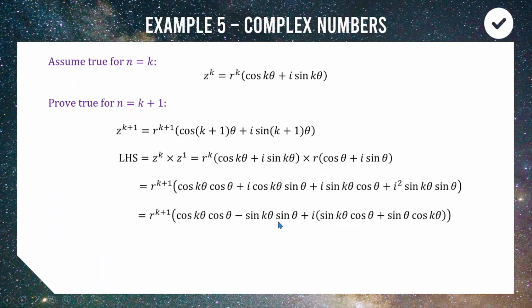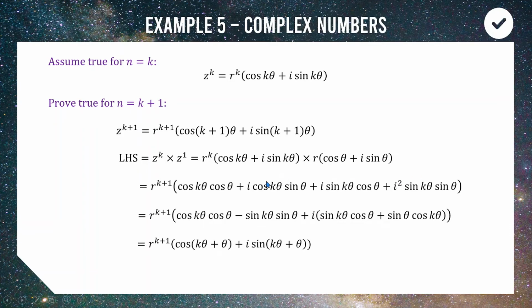So if you look at your formula sheet and look at cos A plus B, it'll look something like this. And on the end here, again, if you look at your formula sheet, you'll see this is looking very similar to sine of A plus B, where A is k theta and B is theta. If that's making zero sense to you, you might want to flick back through your Extension 1 notes and do a bit of a refresher, because all of that is assumed knowledge for Extension 2.